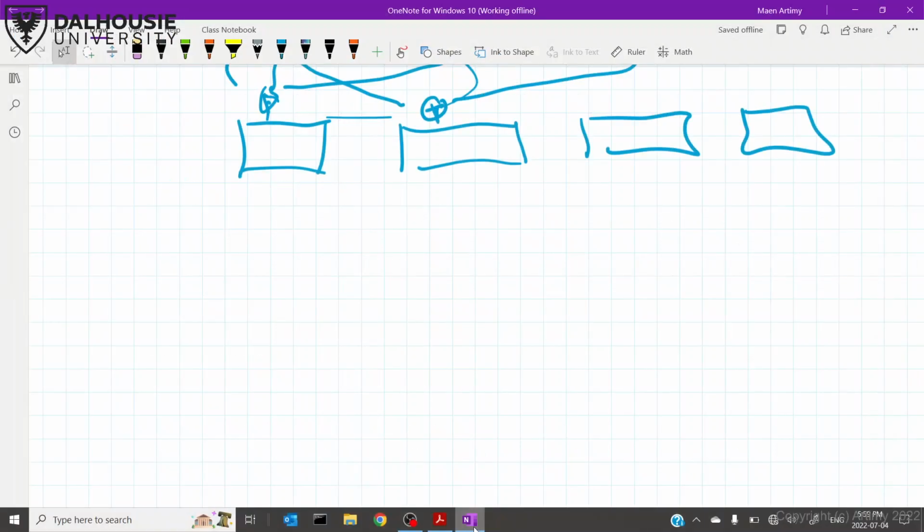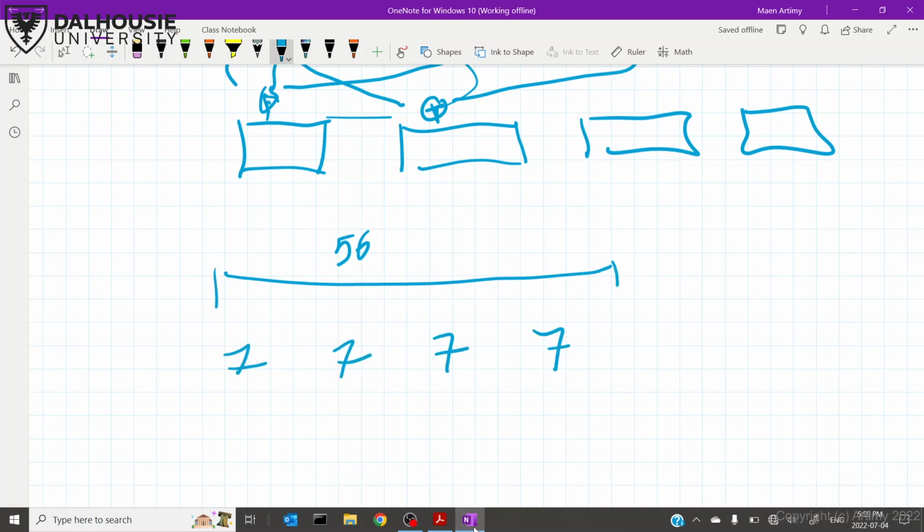Well, the 56-bit key is divided into 7-bit groups. For each group we calculate a parity bit, so it becomes 8, and we add a parity bit here, so it becomes 8, and so on.